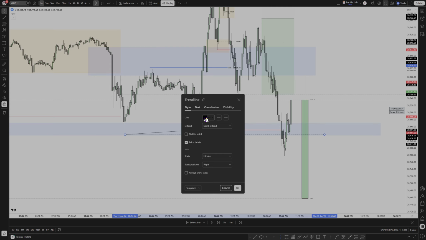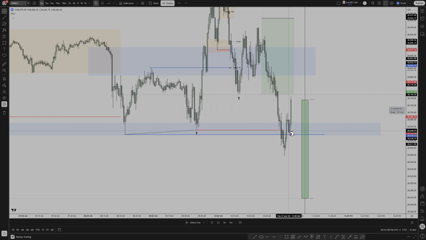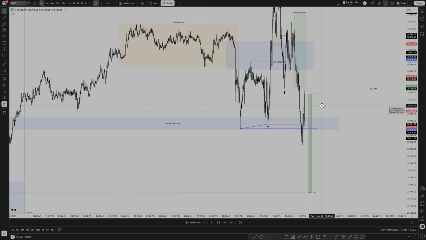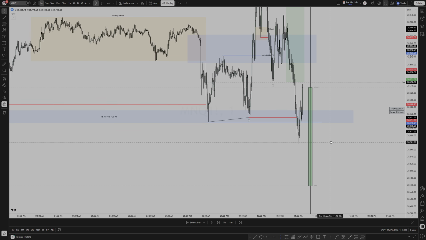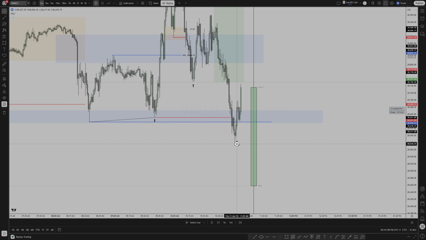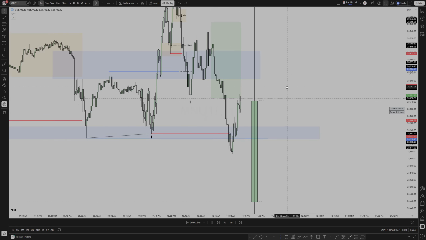And that last and final level of structure being looked at, where we came and swept that low on this range, and then the market created a low, higher low close, changed trend direction again, and retraced, coming back up.